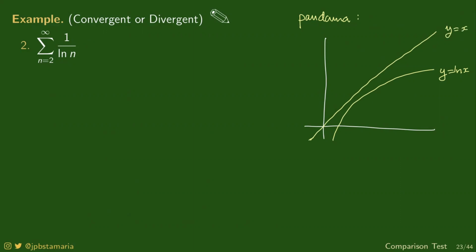Yung growth ni x ay mas mabilis kaysa sa growth ng ln of x. In fact, yung growth ng ln of x bumabagal ng bumabagal habang tumatagal. So when it is being compared to x, iniiwanan siya ng x. Yung ln of x nagpapaiwan siya mag-isa.